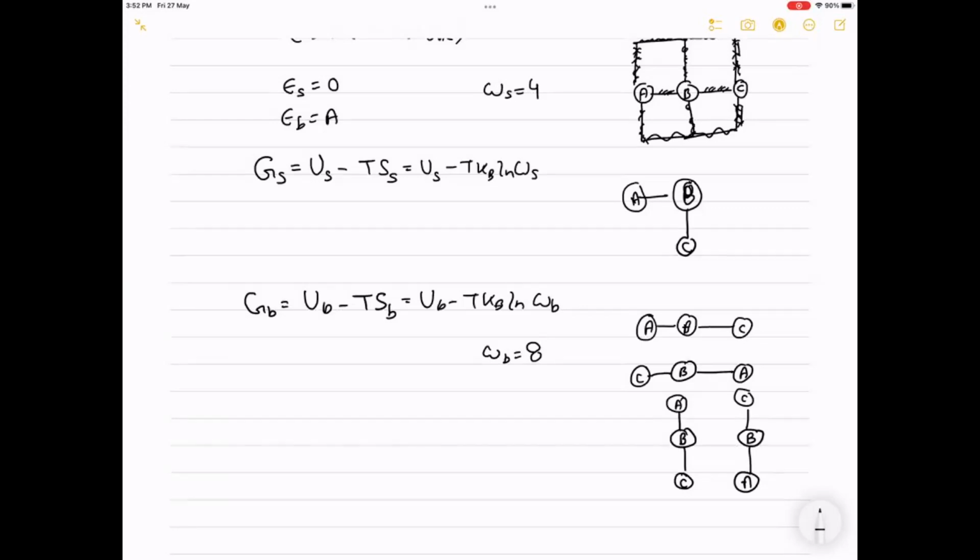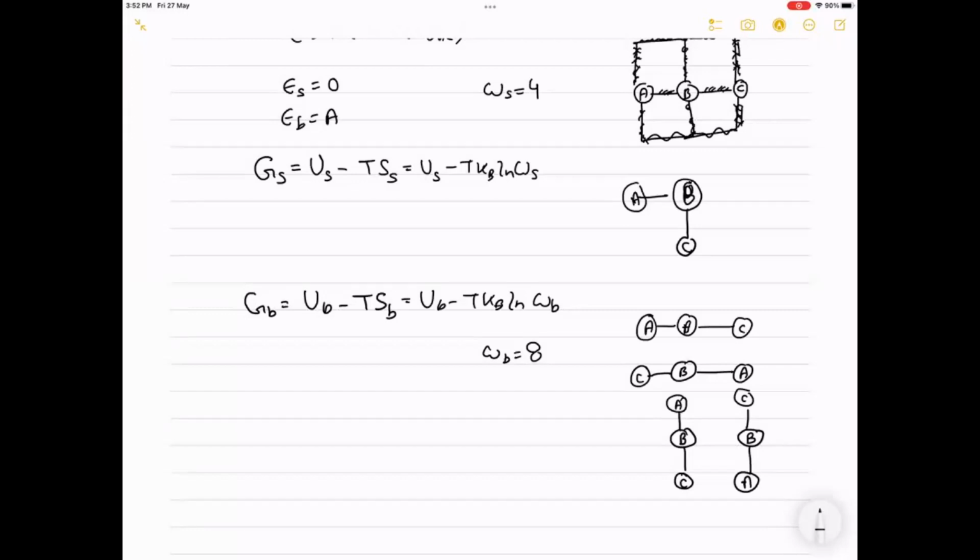Yes, Jay. Ws equal to 1 and Wb equal to 1. Very good. So in that case, it doesn't matter how I keep the protein. Ws will be equal to 1 and Wb will be equal to 1.